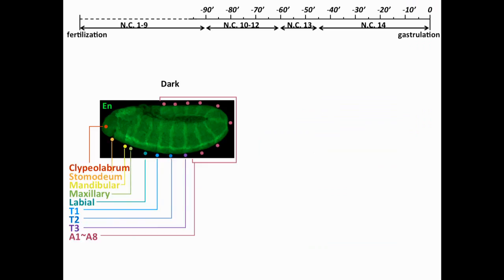A perfectly patterned embryo will look like this 4 hours later. The organization of the body structure goes all the way from clypeolabrum to the abdomen segments.